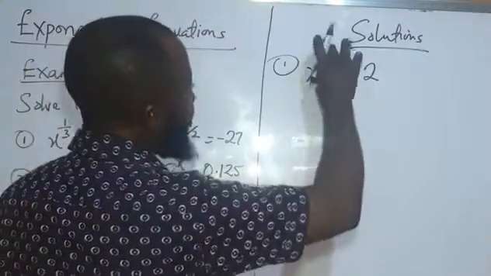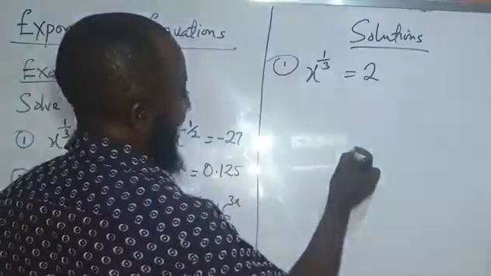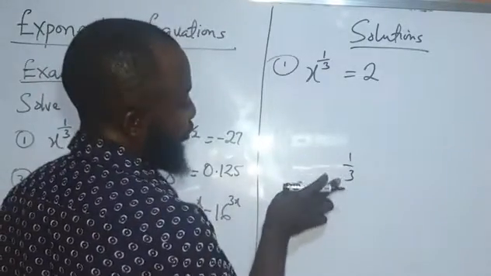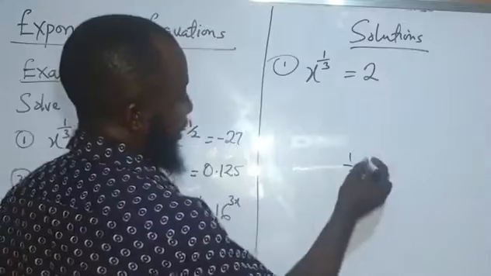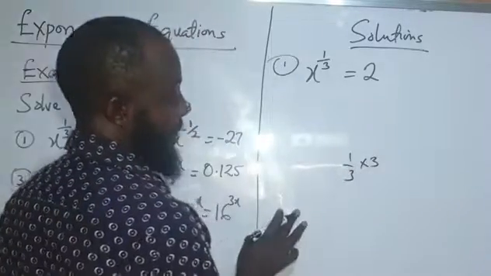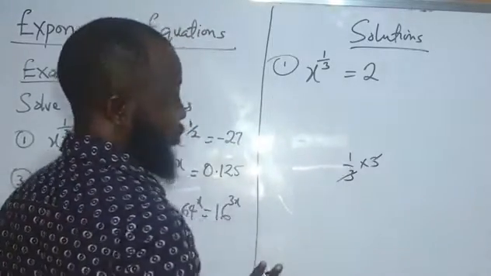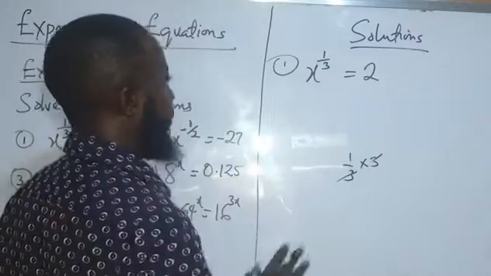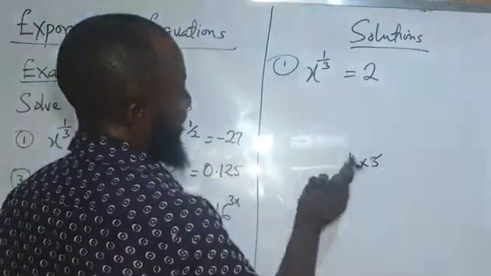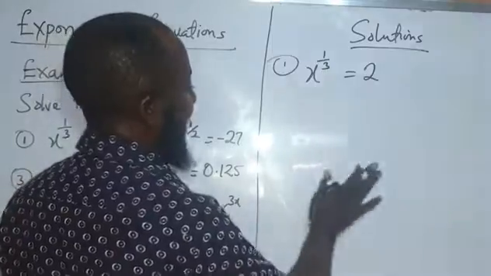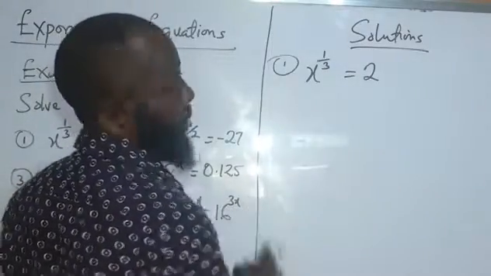I can decide to remove the fraction. If I have 1 over 3, how do I remove it to become a whole number? It's multiplying by 3. Once I multiply by 3, this 3 cancels 3, it remains 1. Hope I'm making sense. So if that is the case, it means that I'm going to raise both sides of this equation to the power of 3.